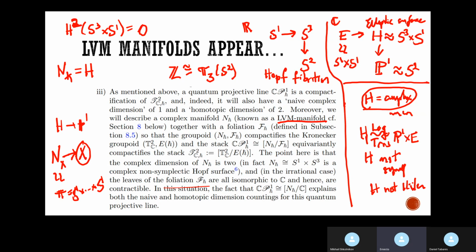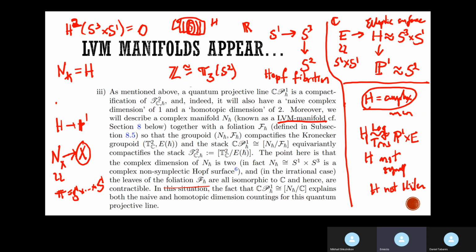So here, I can think that H is foliated by elliptic curves. Here is H, and it is foliated by elliptic curves somehow. And the quotient of that foliation is P1.